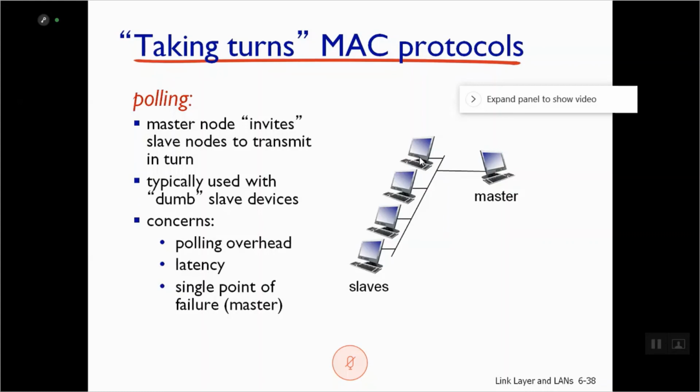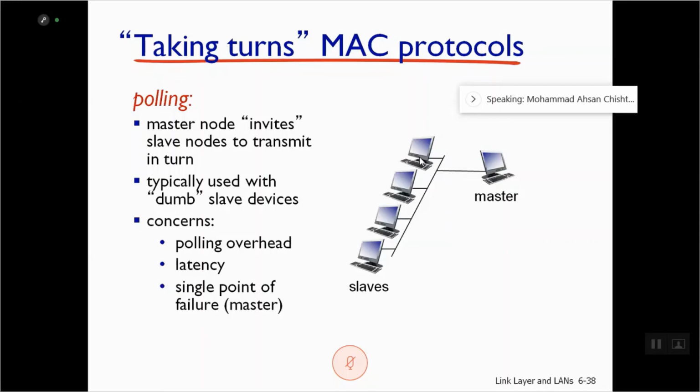It's also a disadvantage that even though among these four, if only one node is active, that node cannot actually send at R bits per second. Why? Because the master node has to poll each of the inactive nodes in turn. Each would take a time to reply, no, I don't have to send anything.